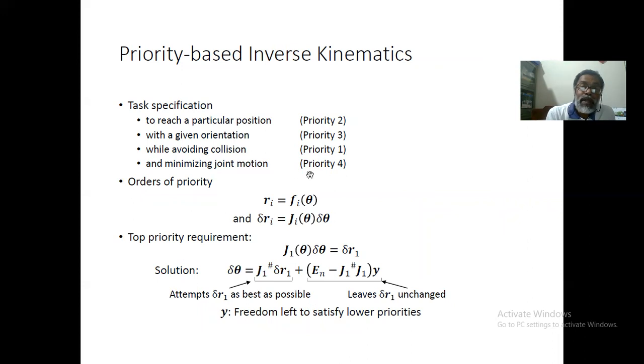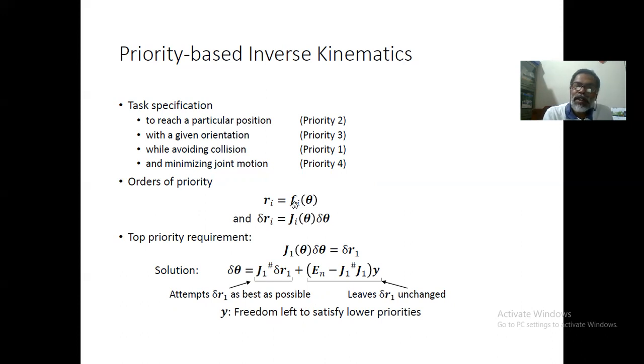Now, this redundancy resolution scheme operates according to the orders of priority which we have set. For each order of priority, we have some position relationships, and based on that we can work out the velocity relationships, and partial Jacobians come into the picture.